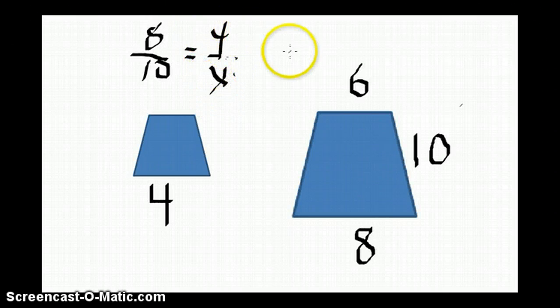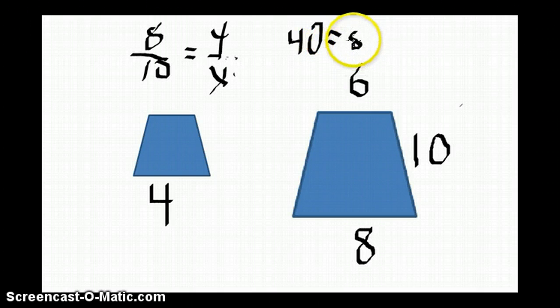So we can cross multiply and we get 40 equals 8x. As we divide by 8, we'll get x equals 5. So we know the side equals 5.